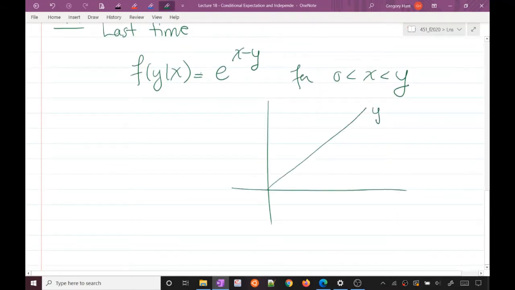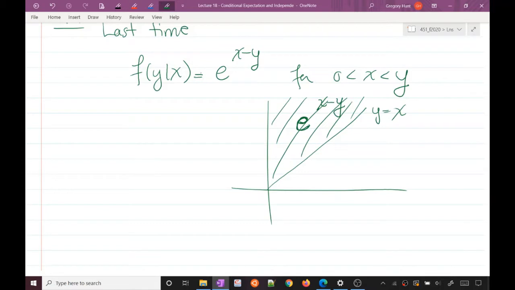Here's the line y is equal to x, and so here's the region where y is bigger than x, and our conditional PDF is e to the x minus y. Does that work out? Yep, that seems correct.